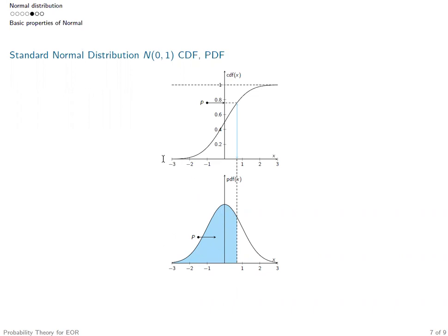The CDF graph is an increasing function from 0 to 1 and very smooth. If you look closely, it is even a symmetric curve, with central symmetry around this very point, 0, half.